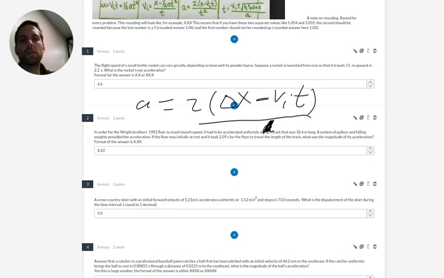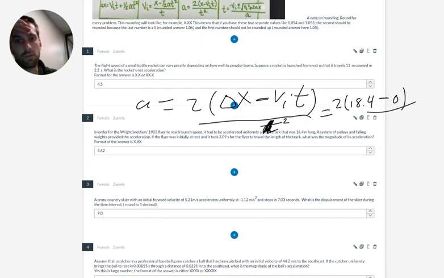When I plug in my values, it's going to be 2 times 18.4 minus velocity initial, it's at rest, so it's 0, over the value for time squared, 2.09 squared.